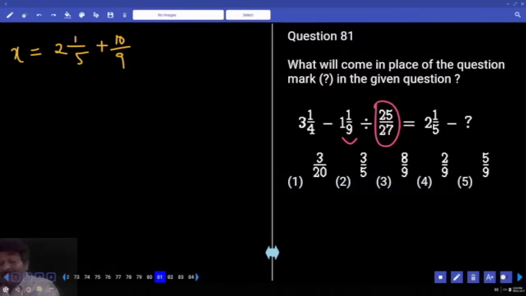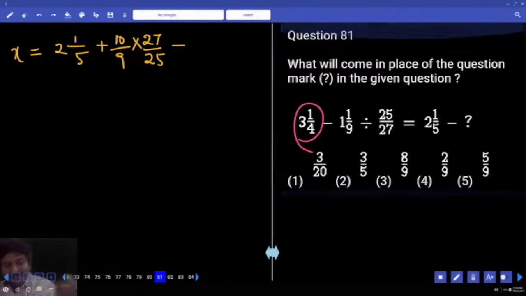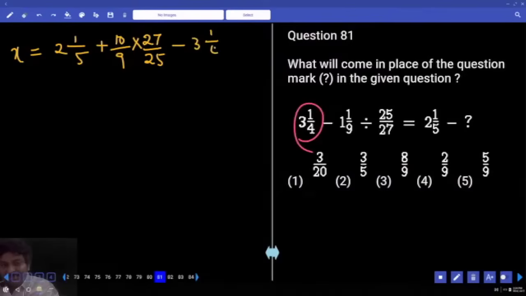Divided by 25 by 27 can be written as into 27 by 25 minus this number goes to right hand side, becomes 3 1 by 4. 9 3 times, 5 2 times, 5 times. What is second number numerator?